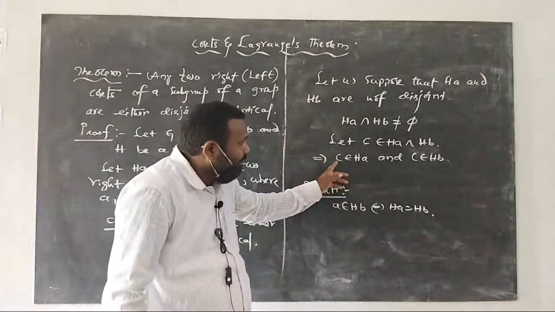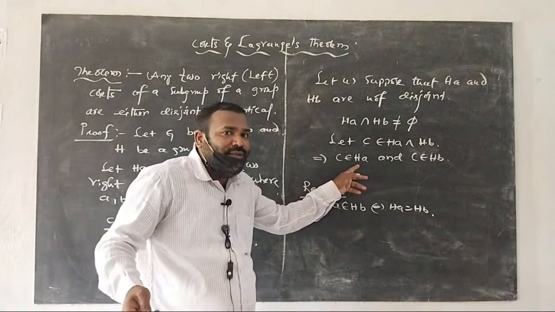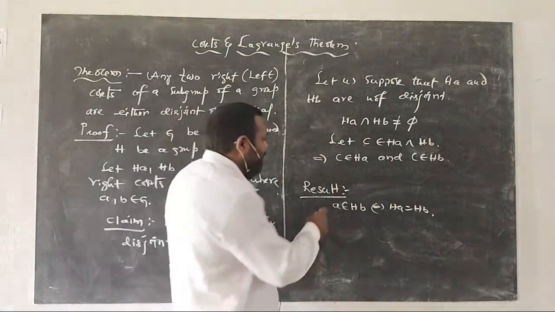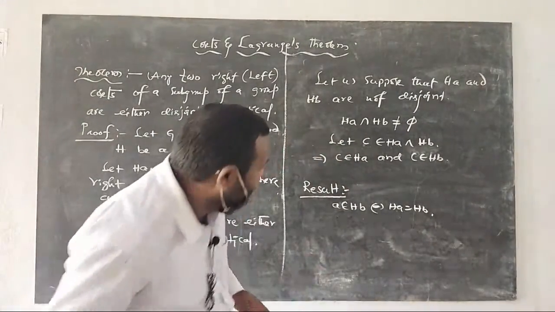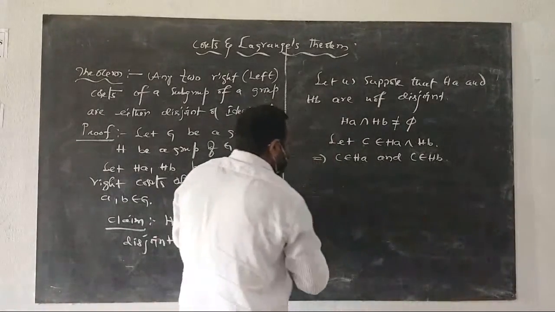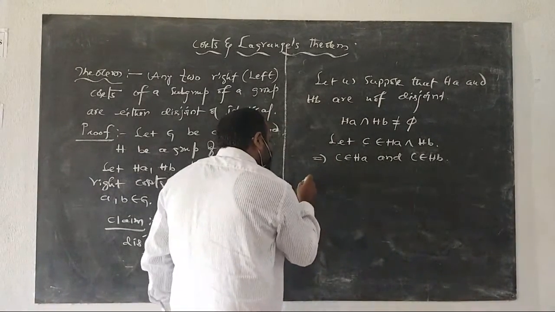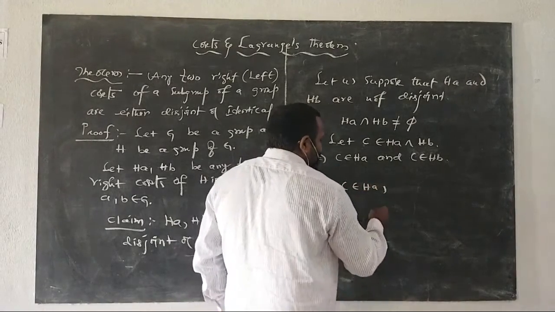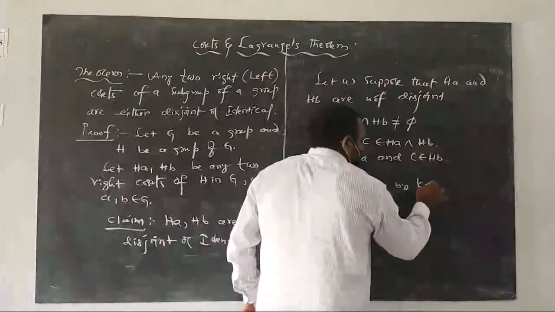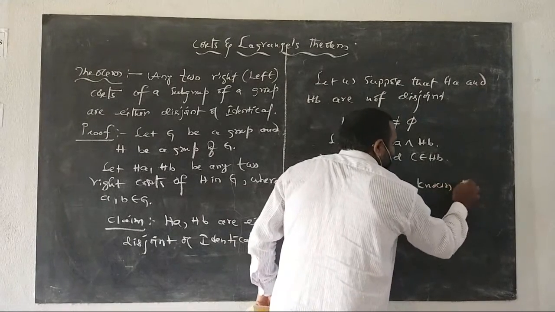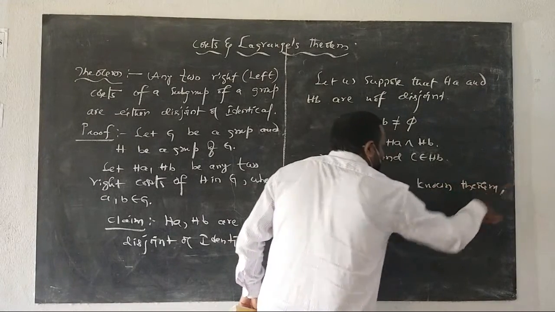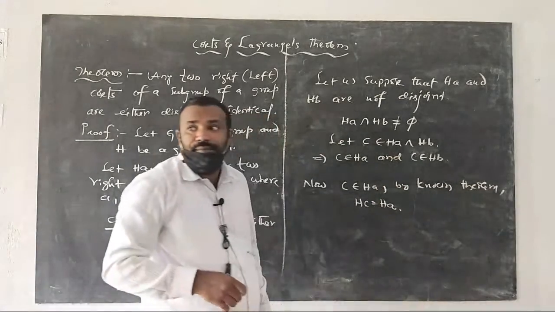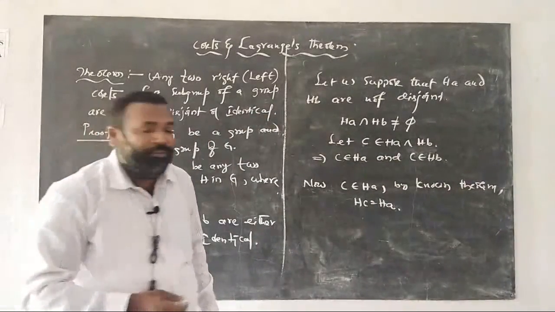C belongs to HA, where HA is a right coset. From this result, what can we write? C belongs to HA, by the known theorem, implies HC equals HA.